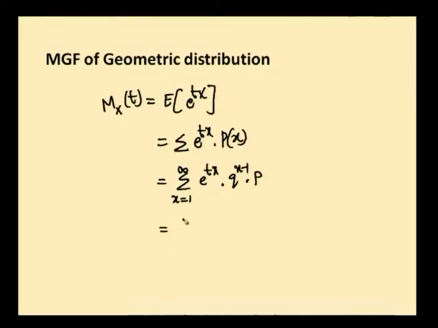This becomes p by q taken outside, summation x equal to 1 to infinity of (q e power t) whole power x.